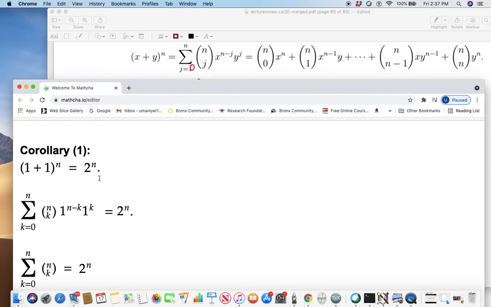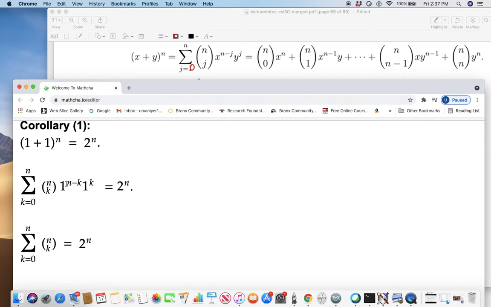All of that is actually 2^n. 1 to any power is 1, so it doesn't contribute anything. So all I'm left with is the summation k going from 0 to n of n choose k is 2^n.